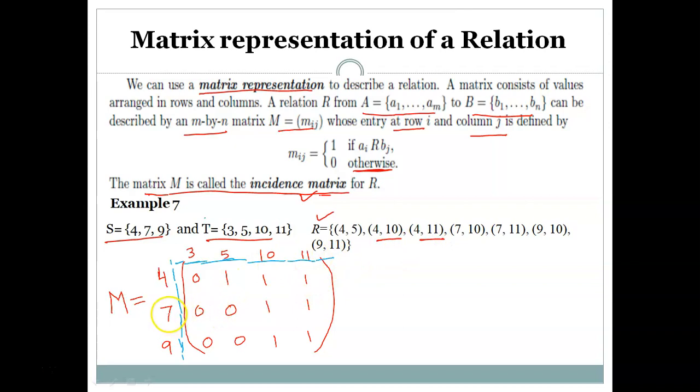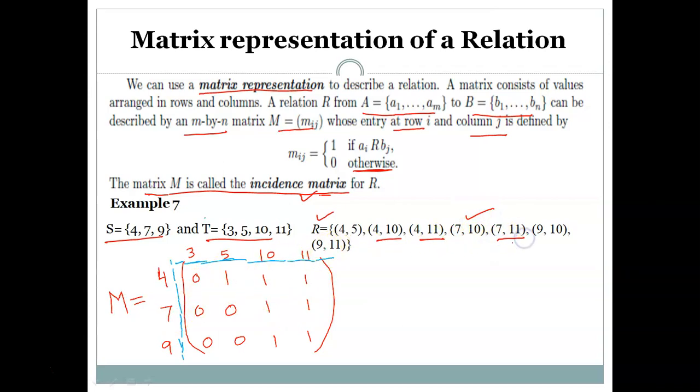Now proceed in the same manner here. 7 is not related to 3. 7, 3 is not present here, so 0. 7 is not related to 5. 7, 5 is not there in the relation R, so 0. Now 7 is related to 10. Yes, this is there, so you write here 1. 7 is related to 11.